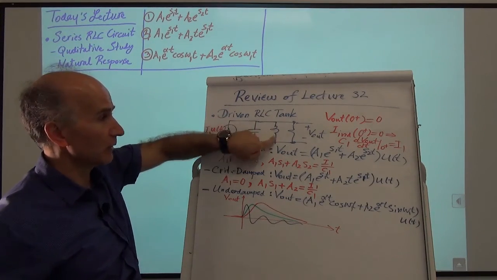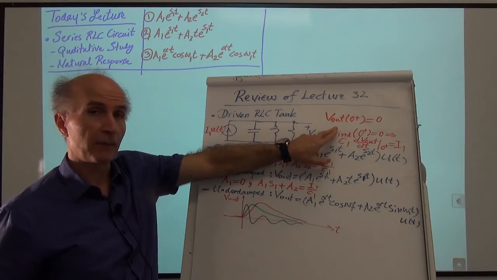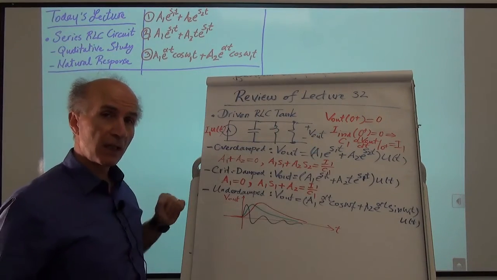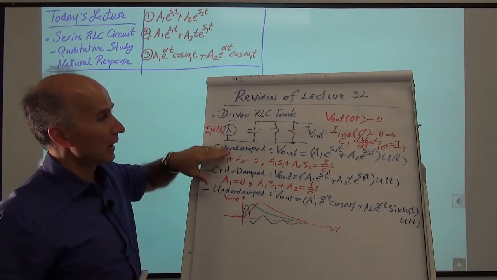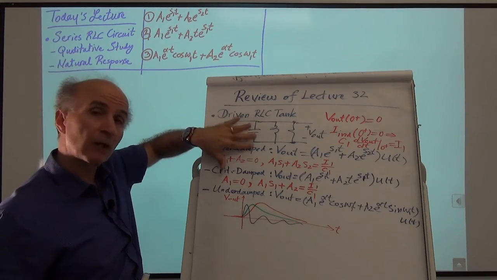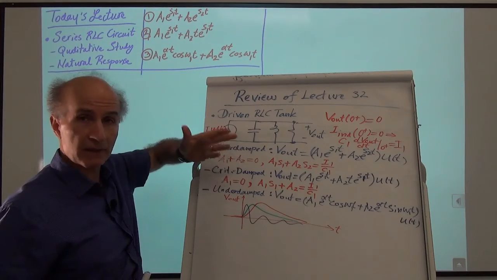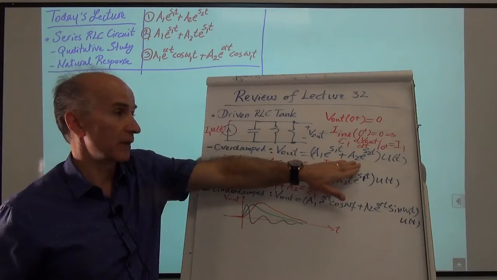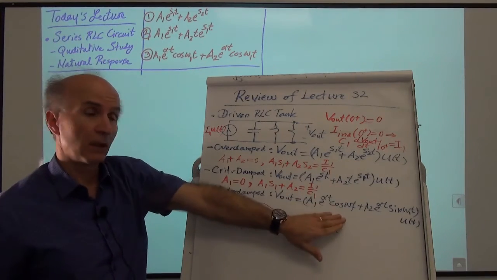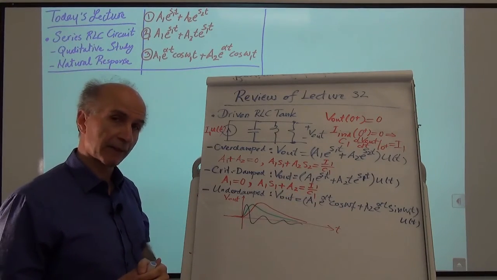And the inductor current also has to be 0. And from here, we found this equation in terms of V out. So then we wrote the differential equation for V out, and from there we decided that it's a second order system, so its response should be something of this nature, depending on what type of response we have.